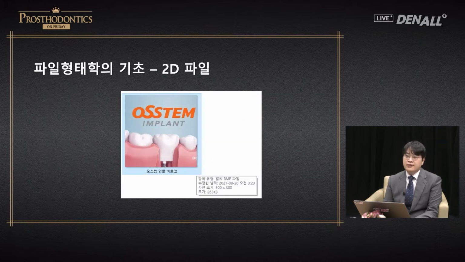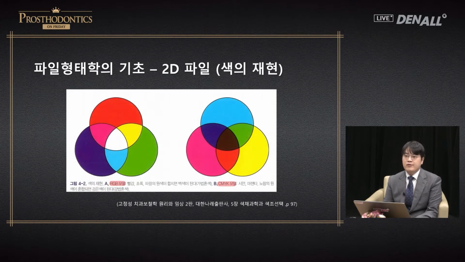How does the computer view 2D files? Let's have a look at the composition of files. Let me use the file extension BMP. And let's look at how colors are represented. We already learned about this in prosthodontic classes.